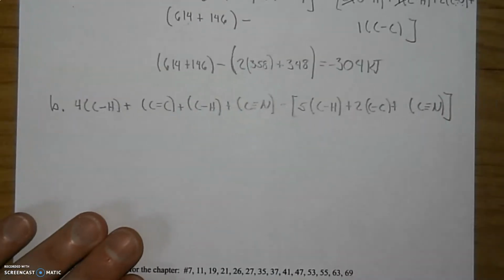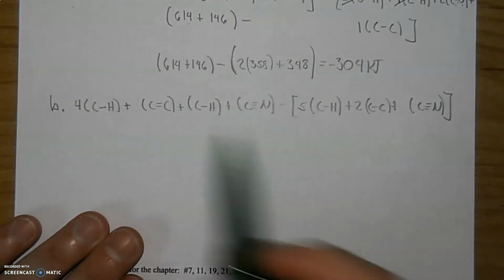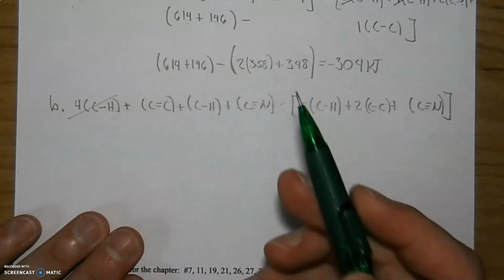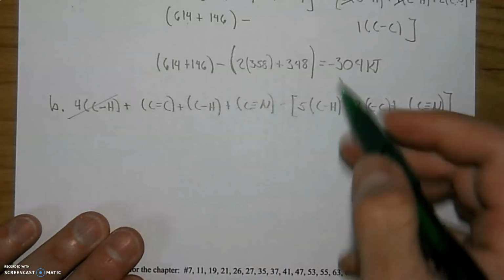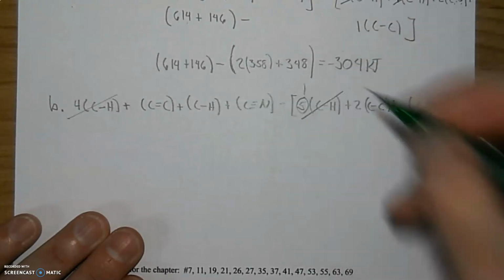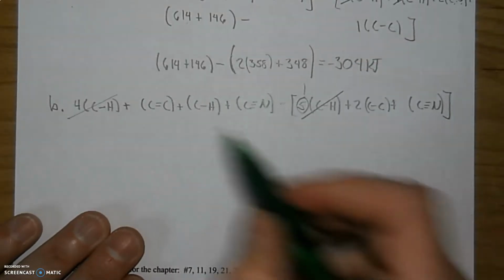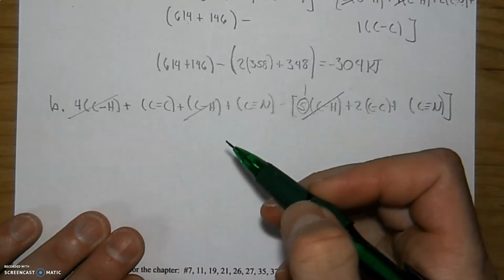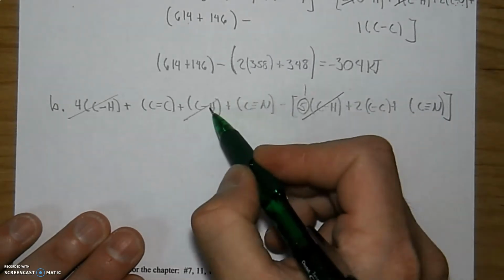Now, as far as things that we can cancel that are found on both sides, 4 carbon-hydrogens, 5 carbon-hydrogens. So I'm going to get rid of this, and I'm just going to circle this as a note that I have 1 left. Carbon hydrogen.